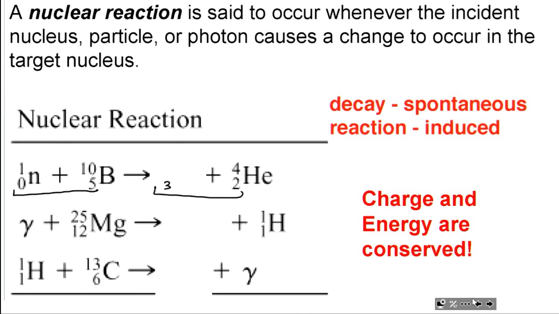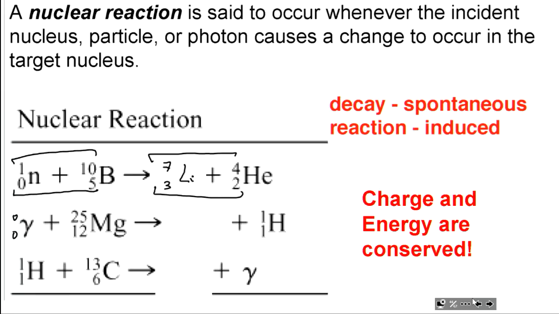This question mark should be 3. The total mass, 1 plus 10, 11, should be equal to this. So that should be 7. Now 3 is lithium. We can add that element.